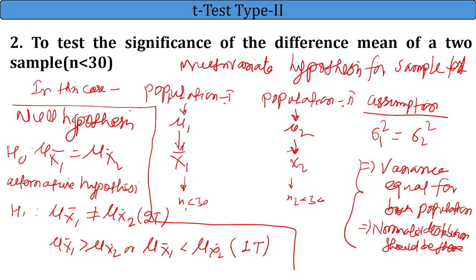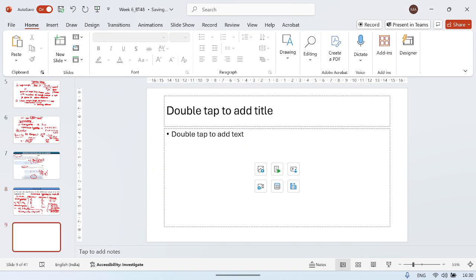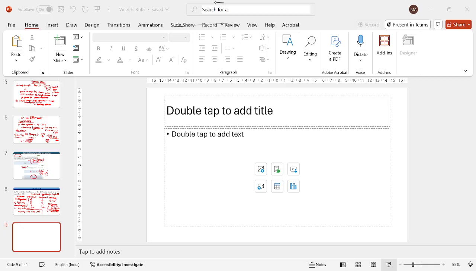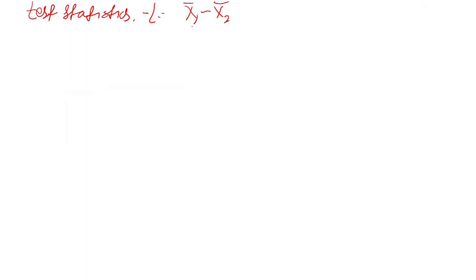So what is the test statistic? I'll take one page actually. The test statistic will become t is equal to x1 bar minus x2 bar over sigma x.